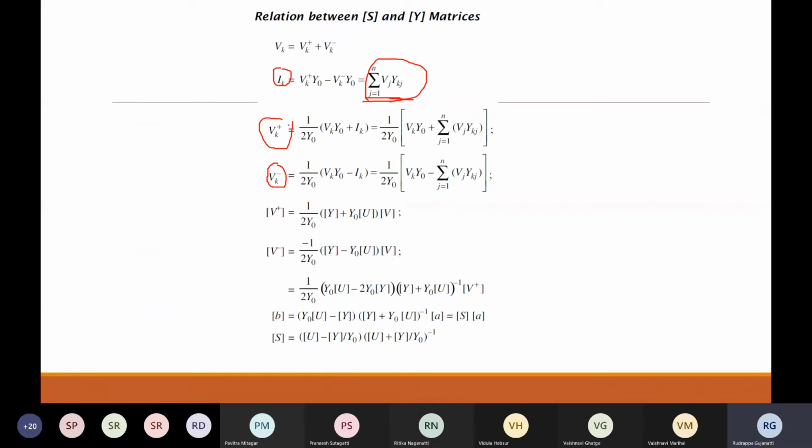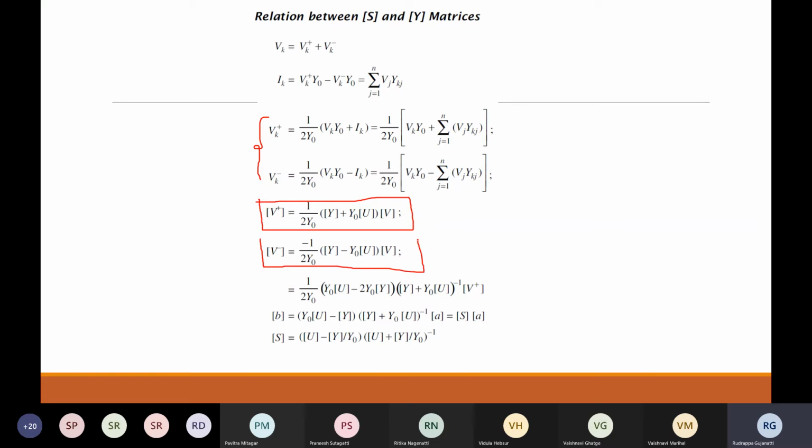On a similar basis, using these two equations, we obtain the representation for V plus and V minus in terms of the admittance parameters. Based on that, you simplify, and you will be able to obtain the representation for the matrices of incident and reflected wave amplitudes, V plus and V minus, which is represented over here.